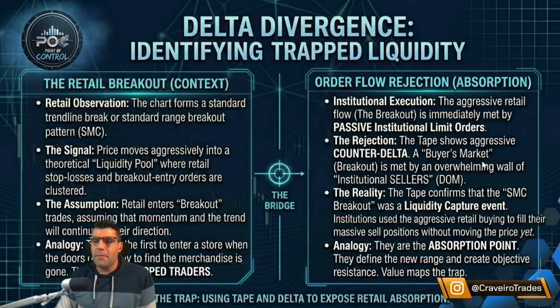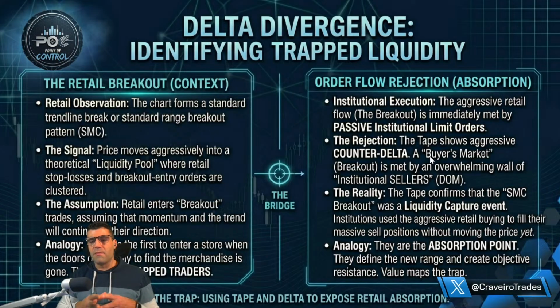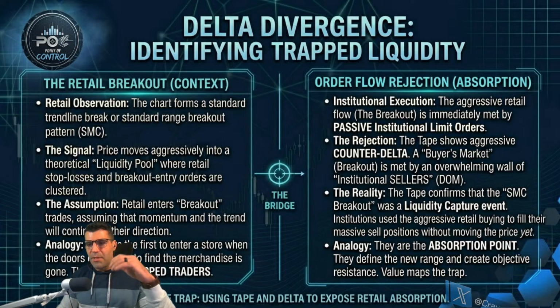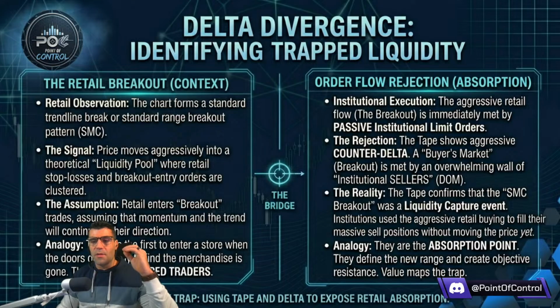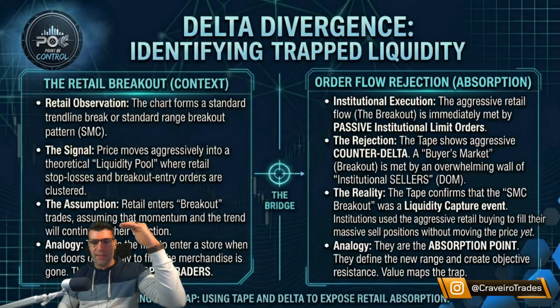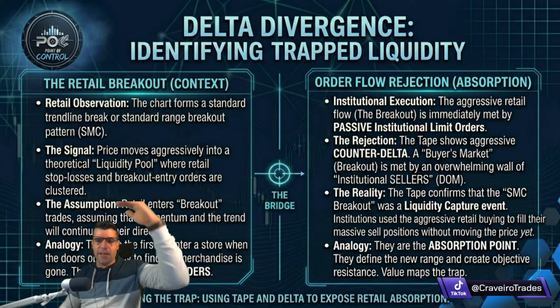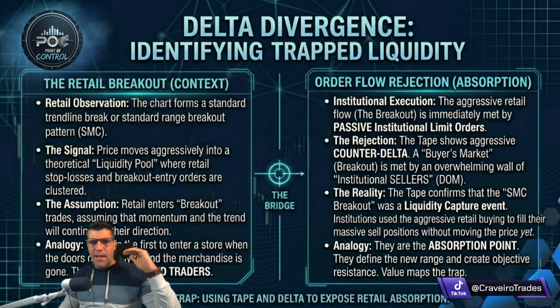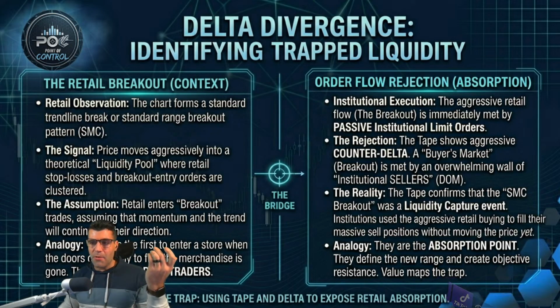The rejection: the tape shows aggressive counter delta, the CVD divergence that I told you about, or the volume footprint candle. Either one. They could have a huge bullish candle manipulating higher, closes a bullish candle, closes with a red CVD, bearish CVD. I'm now waiting for that flip in order flow, and I'm going to top-tick it. Everybody else is entering much lower at the first inversion or something, and they might be right about the trade.